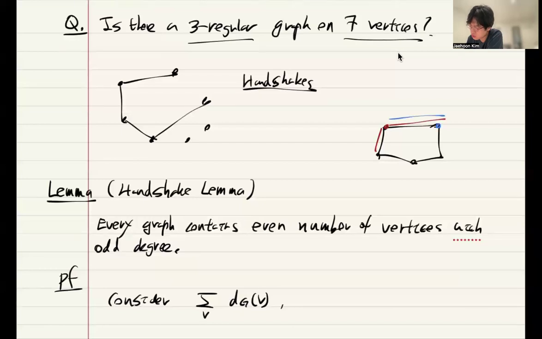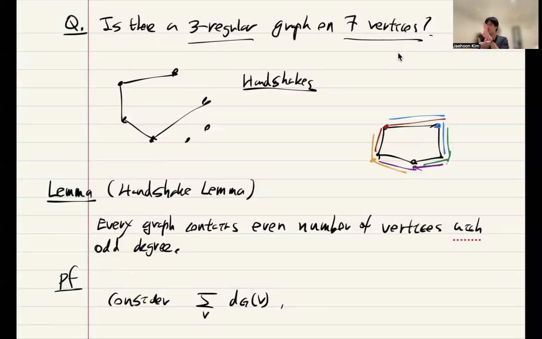From this vertex, you count these edges. And from this, you count these edges. And from this vertex, you count these edges. And finally, from this vertex, you count these edges. And what happened? Every time, from a vertex point of view, you count the edges incident with it.